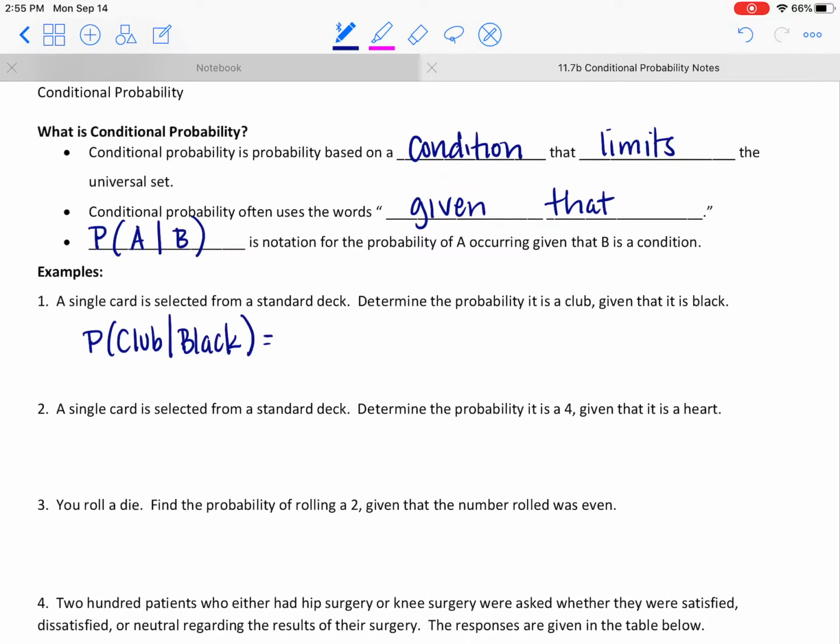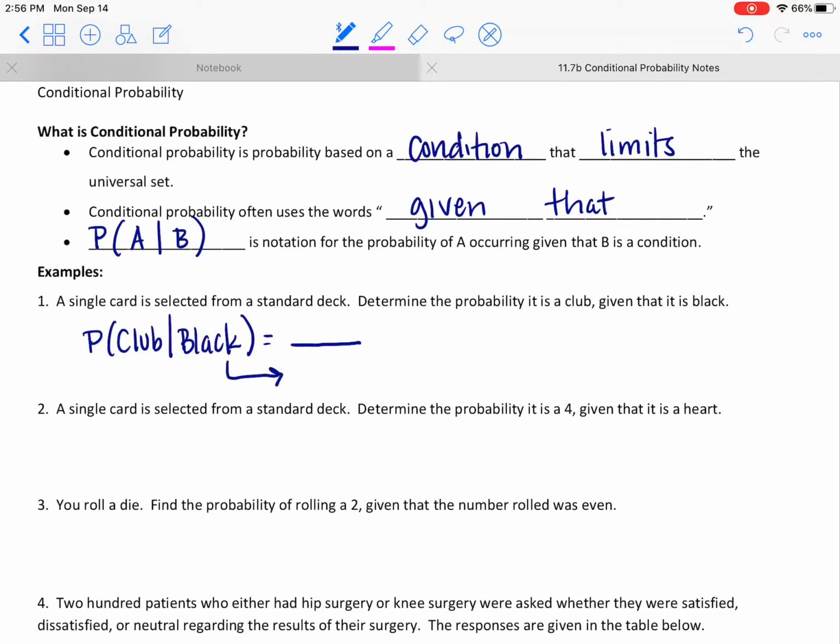When you're working on these conditional probabilities, what you want to do is limit your universal set first. So determine the bottom of the fraction first, and then of that limited set, figure out what goes on the top. So what's the probability you choose a club given that it is black means we are only looking at the black cards.